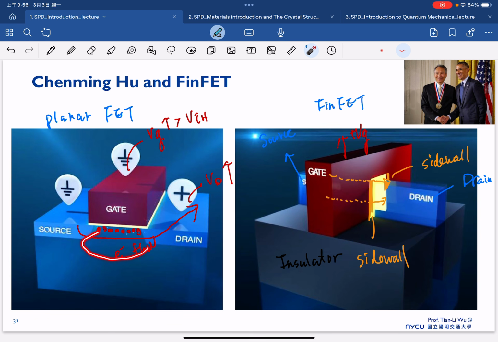If we lose control here, that means we lose the management capability of this region, and we also cannot predict what happens here. That's why we came up with this FinFET structure, where the gate covers in three dimensions and gives better leakage current control capability.